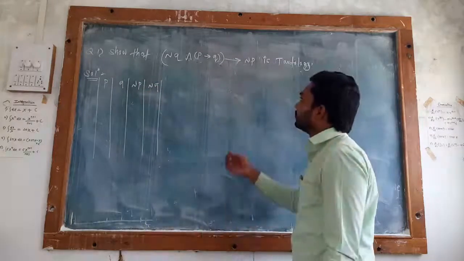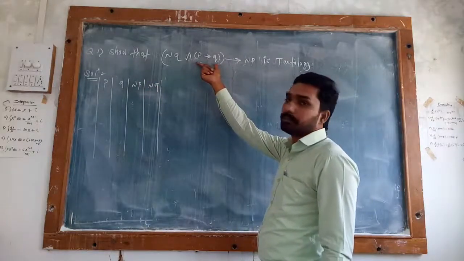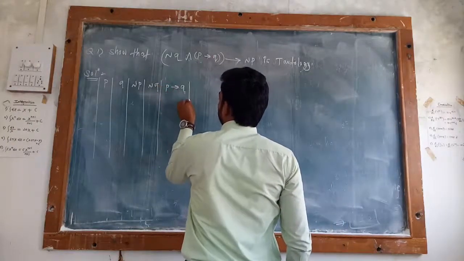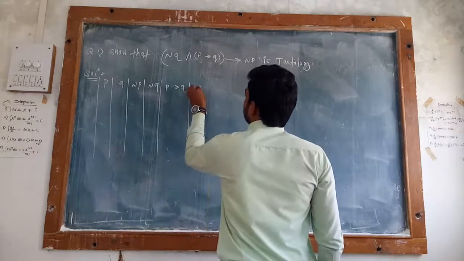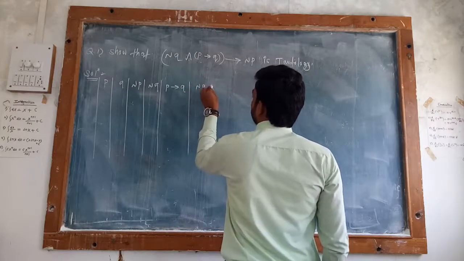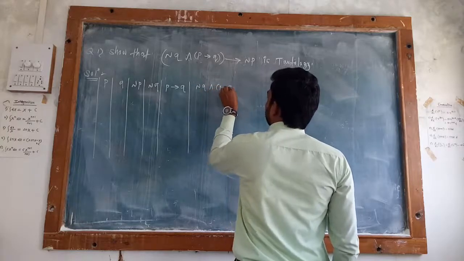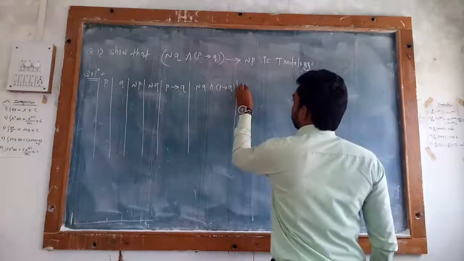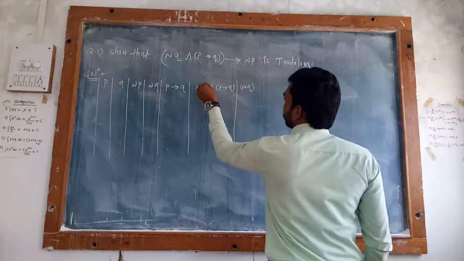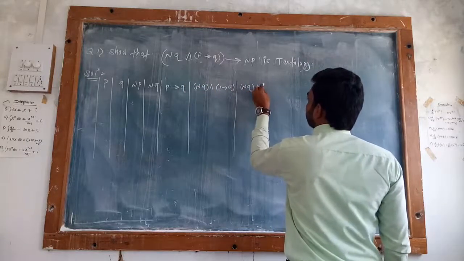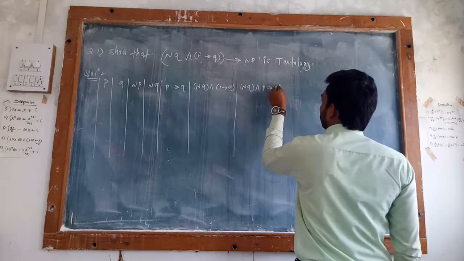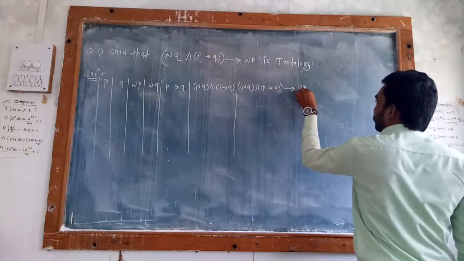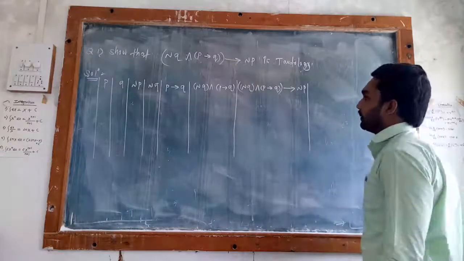Next column for P implies Q. Next column is negation Q and P implies Q. And your last column for the whole proposition, that is, negation Q and P implies Q, bracket complete, whole bracket implies negation P. This is your table.